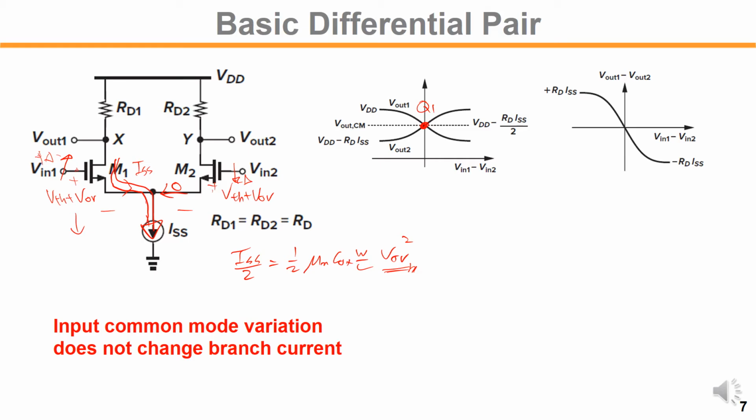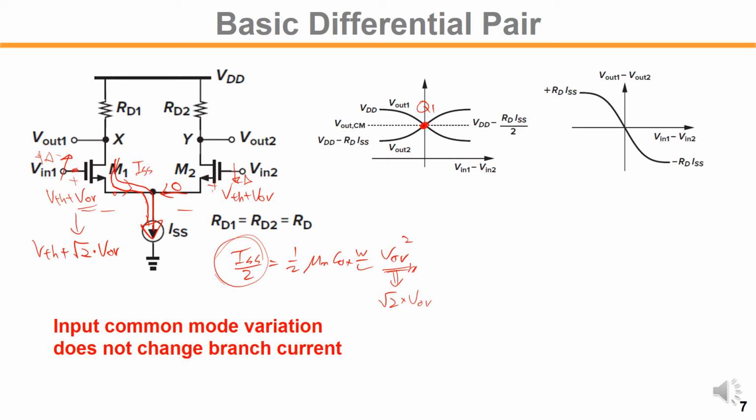At that condition we can find out the VGS. So what will VGS be? VTH plus how much will the overdrive voltage change? VTH plus square root 2 times the overdrive. Why? Because this is a square law device. If you want to double the current, the overdrive voltage must be square root 2 times larger.